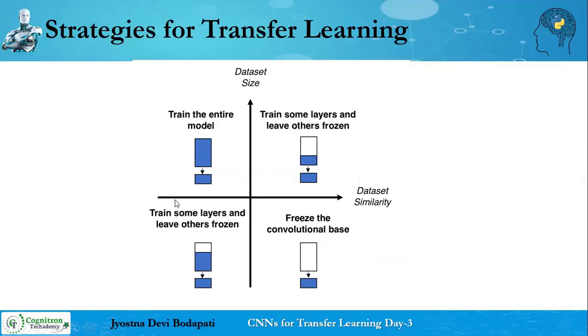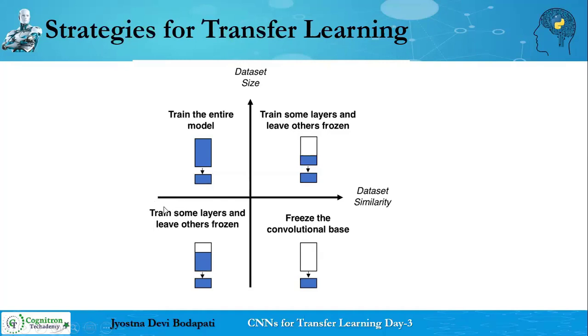You can consider on the x-axis the dataset similarity. As you go towards the right on the x-axis, the VGG 16 dataset similarity increases, that means the ImageNet data and your data are most similar. And when you are on the left side of the x-axis, that indicates the data similarity is very low.